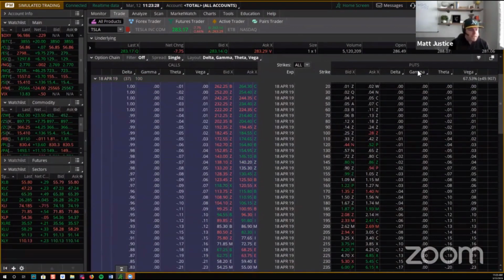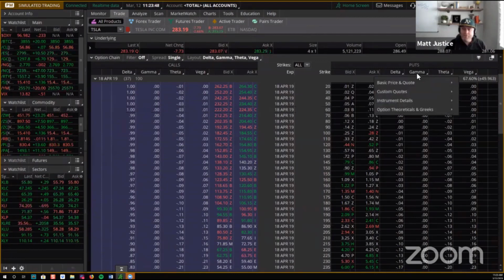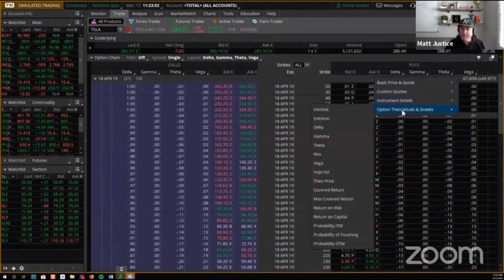Now, for new traders, that's important to understand that delta defines probability. But for veteran traders, we also know that delta is not an exact science because it defines it at expiration. But there's 37 days left in this contract, and the market goes up and down and up and down. So one thing that could be very helpful to understand is also adding a column called probability of touching.